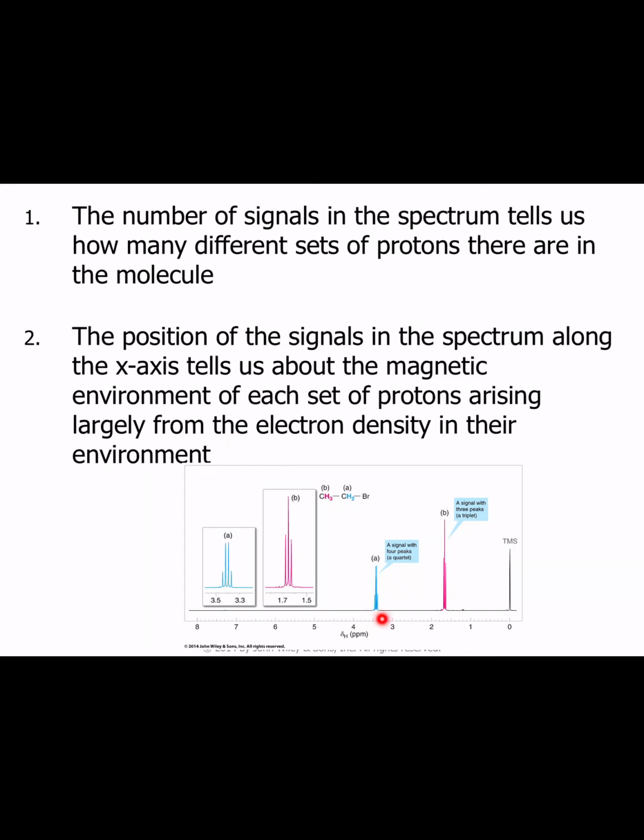Okay, and where the signal appears depends on the electron density in their environment. Obviously there are 2 hydrogens, there are 3 hydrogens, and these 2 hydrogens, the blue ones, are closer to bromine and then the red ones are further away from bromine. So that makes the 2 sets of hydrogen have different electron densities on them. So that is why it causes 2 different signals.